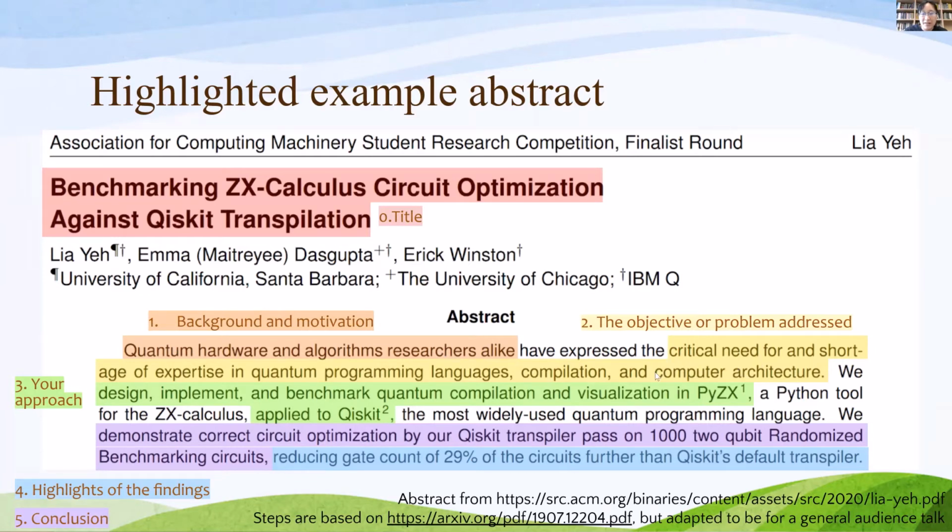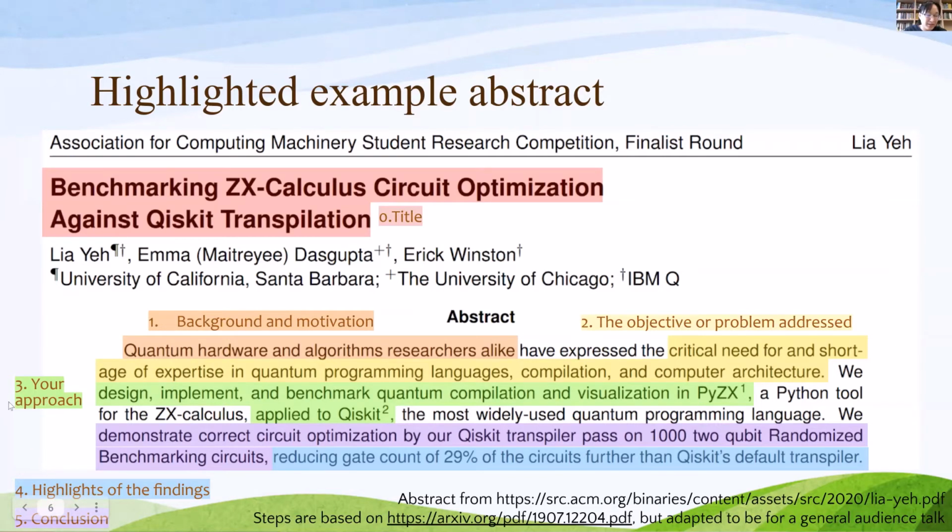The yellow part, step 2, is about how there is a need for bridging quantum programming languages, quantum theory, applications and algorithms with the actual hardware, which is done through compilers and quantum computer architecture.